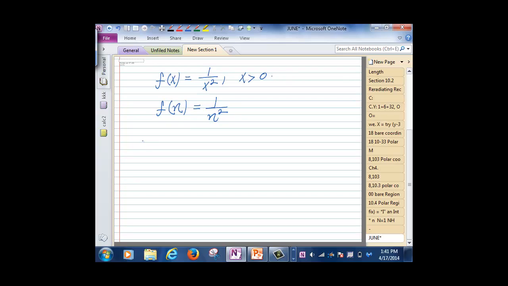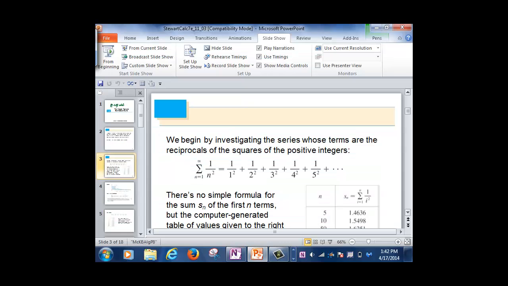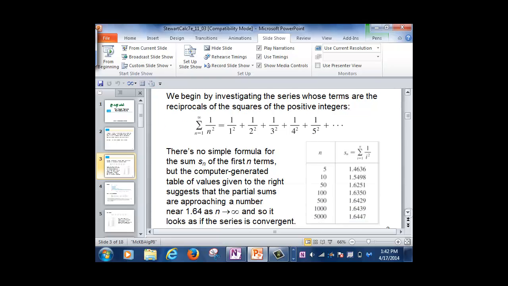So if I look at the series, n going from 1 to infinity of 1 over n squared, then I could say that that's the same as the sum of f of n, right? So this series, the terms are related to the function f. So here's how we can use the fact that the function f is related.